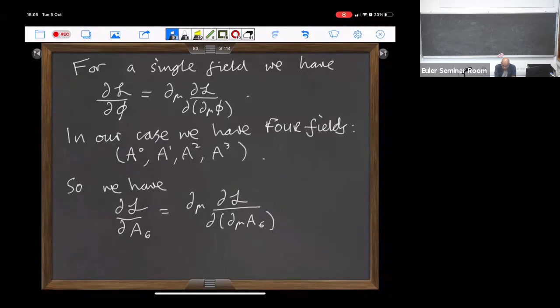Now we'll look at the Euler-Lagrange equations. We've got 4 fields, A0, A1, A2, A3, so we'll have 4 Euler-Lagrange equations, and I've written them explicitly at the bottom. Obviously the left-hand side is 0 for the action that we're studying at the moment.